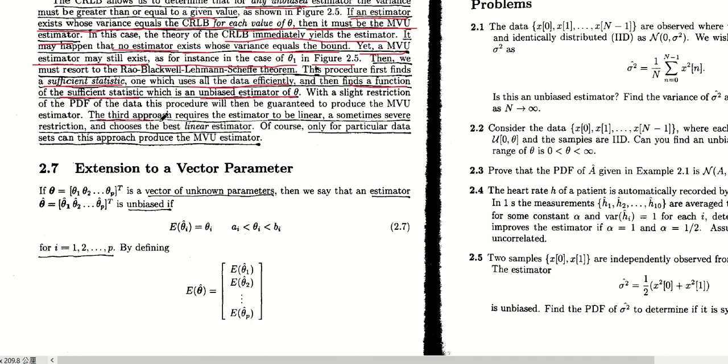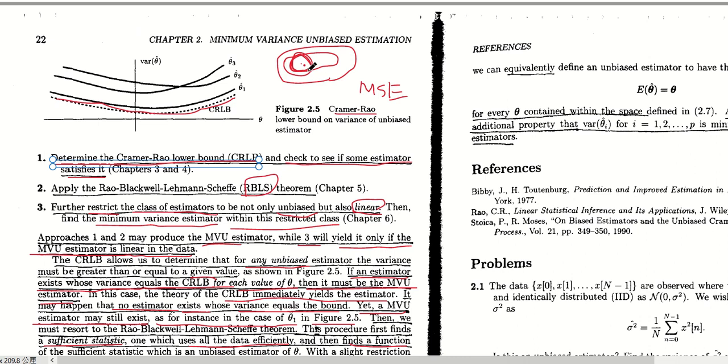The third approach requires the estimator to be linear, sometimes a severe restriction, and chooses the best linear estimator. Only for particular data sets can this approach work. As I draw here, a good estimator may exist here, or somewhere around here, right? But we are restricting to be unbiased and linear. It's a very big restriction.